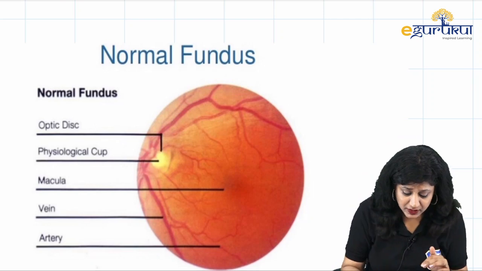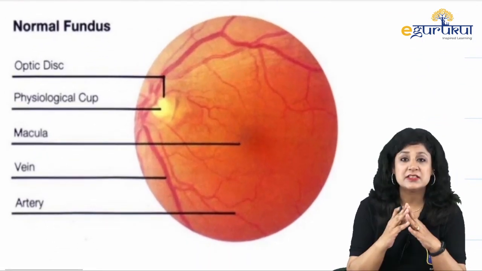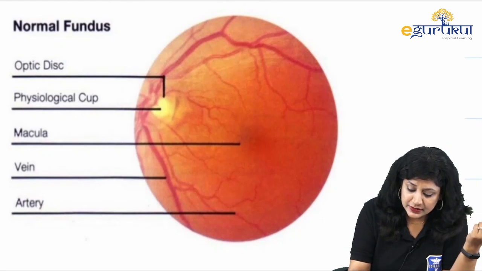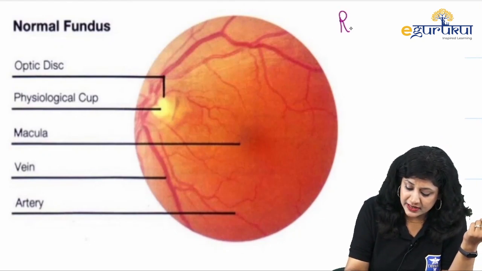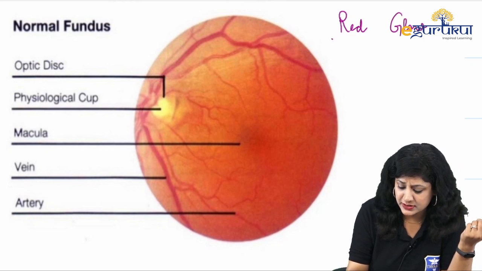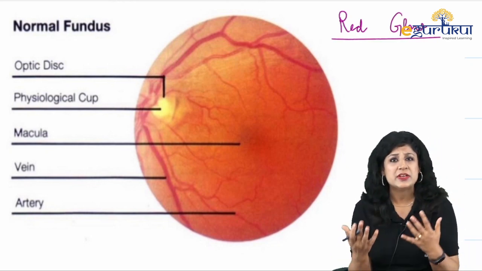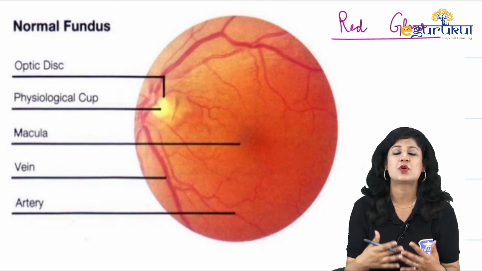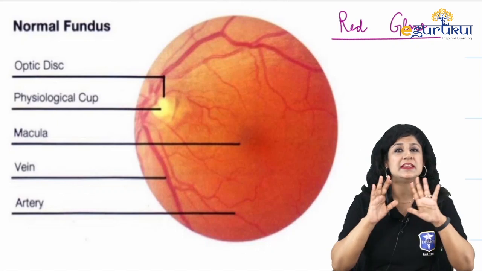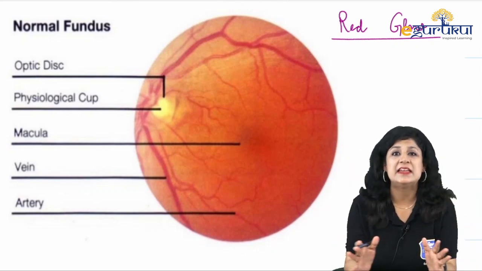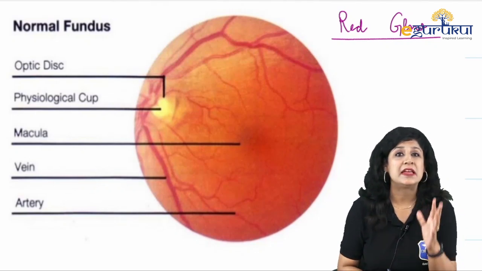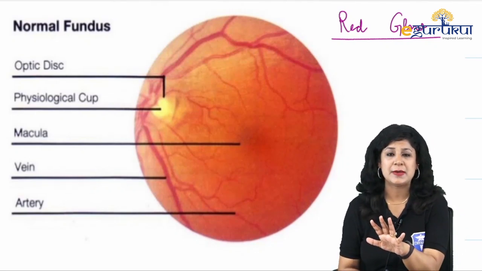Okay. Now, when you look at the retina, can you see a red glow? Often, you must have read this word, that a red glow is present. Some people may call it a yellowish reflex or an orangish reflex or a reddish glow. That changes from person to person, but overall we have a bright reddish reflex that you see in the retina, and mind you, this is not due to the retina.